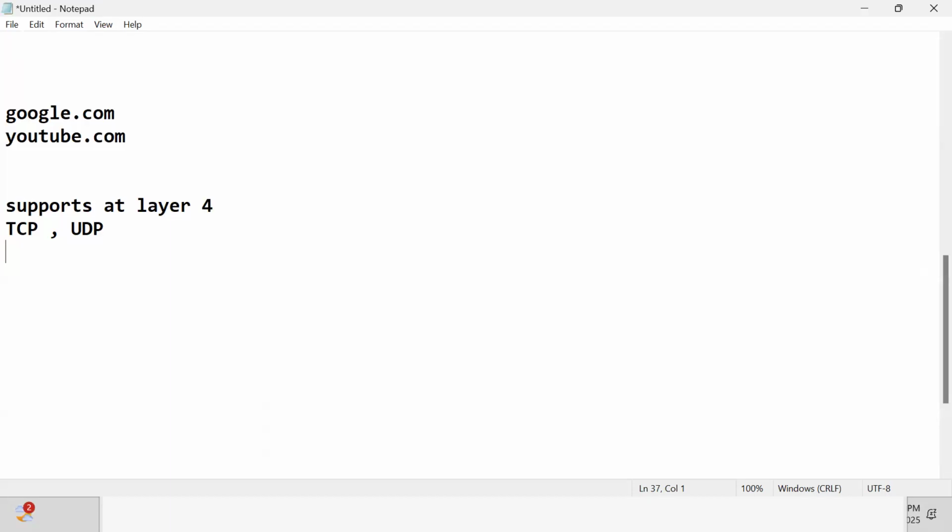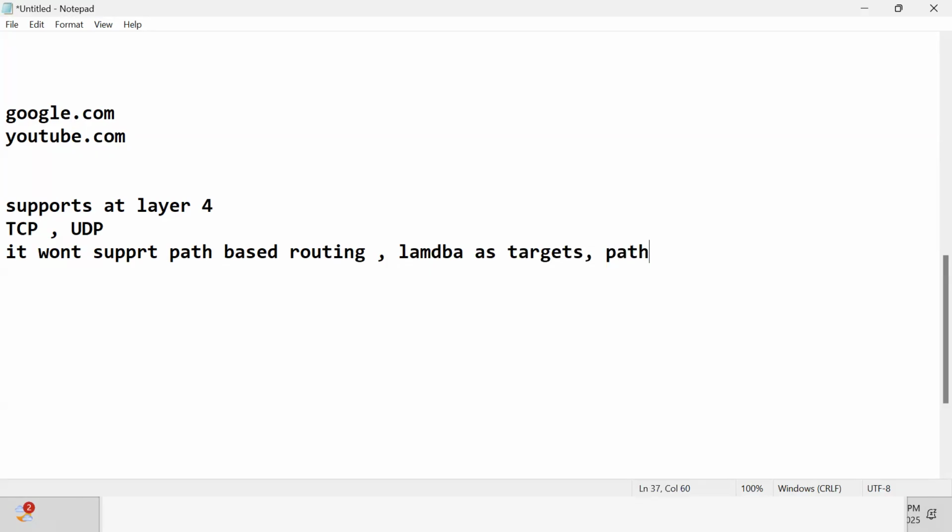Third, network load balancer won't support path-based or URL-based routing, Lambda as targets, or name-based virtual hosting.